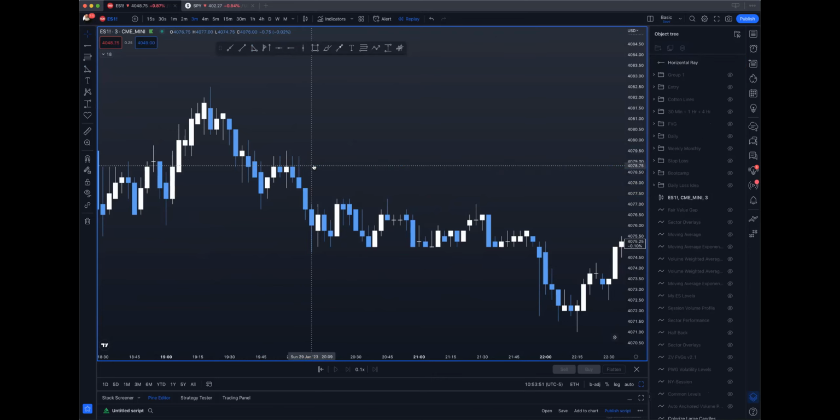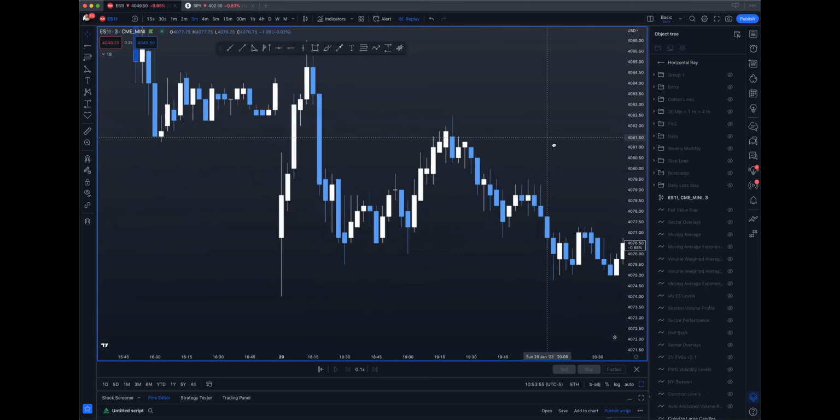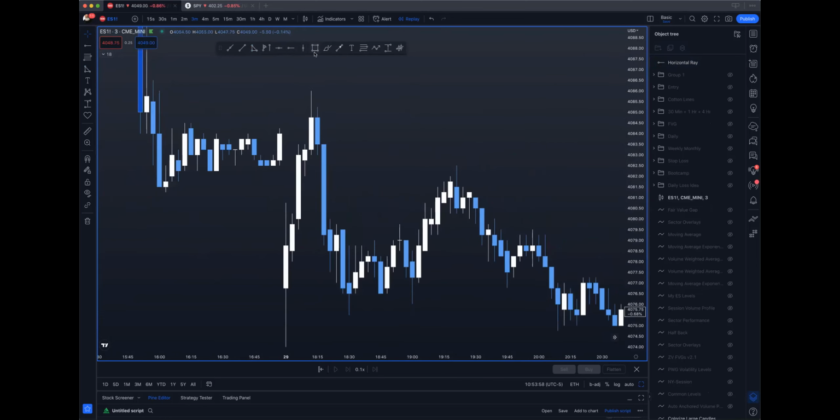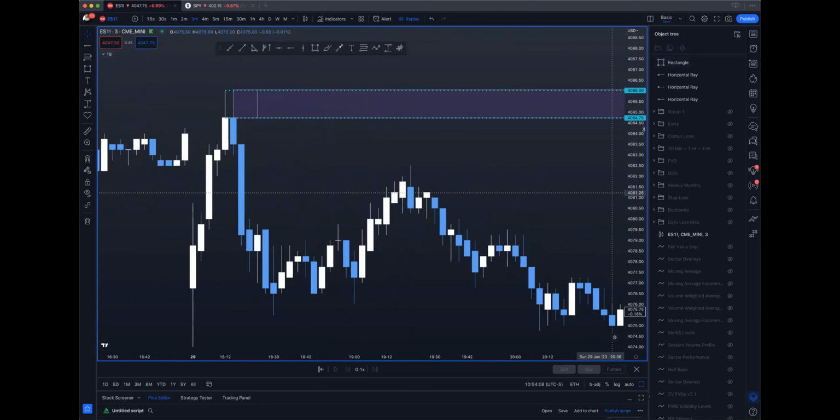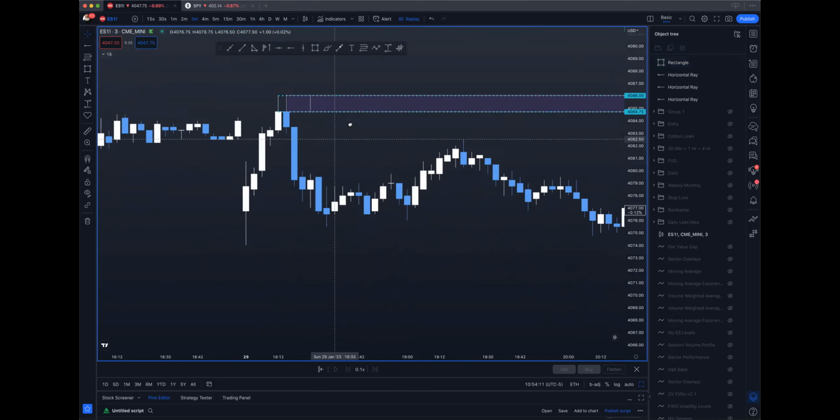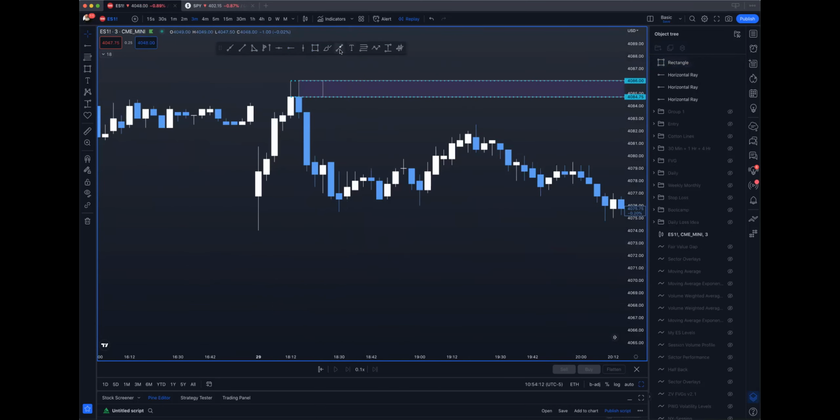What does clear mean? Well, here's what clear means. Let's mark this break level because this is so easy on this one. There's the ladder point. Here's the break level range. So how many candles?